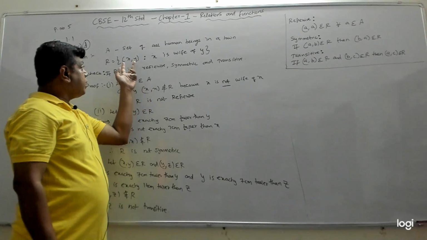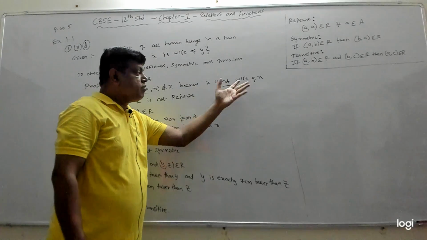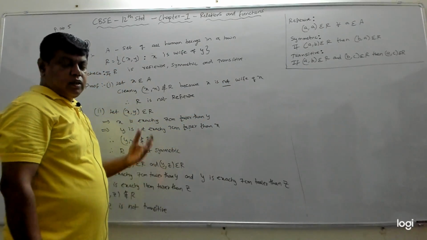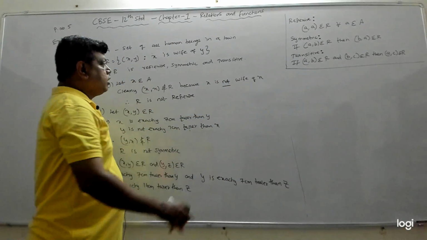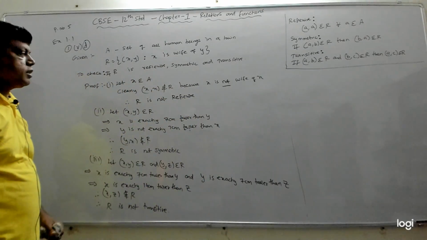But for X comma X to belong to R, X would have to be a wife of X, and X cannot be wife to himself or herself. So X is a wife of X is not possible. Therefore R is not reflexive.